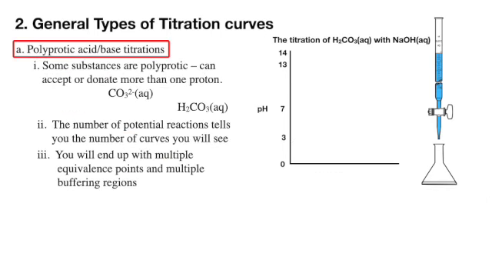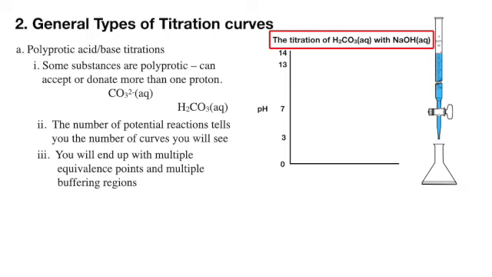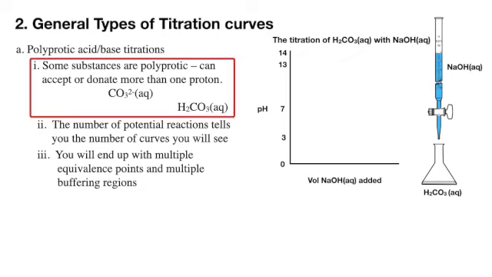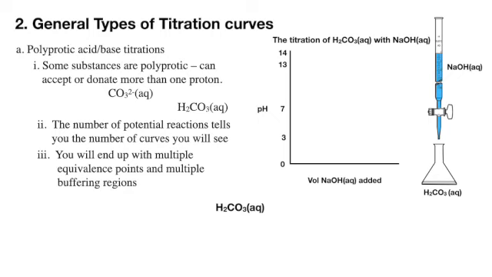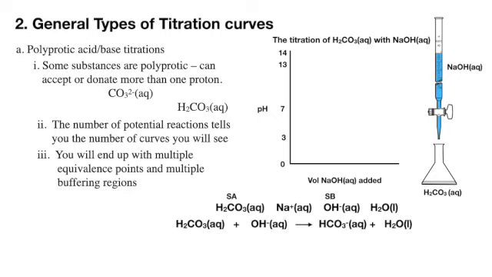Okay, you can also have polyprotic substances like H2CO3, and it being titrated here, has 2 H's. It's got 2 protons. So it actually is going to do this. So if I pick my strongest acid, there's my strongest base. First reaction, H2CO3 throws away a proton and makes HCO3 negative.